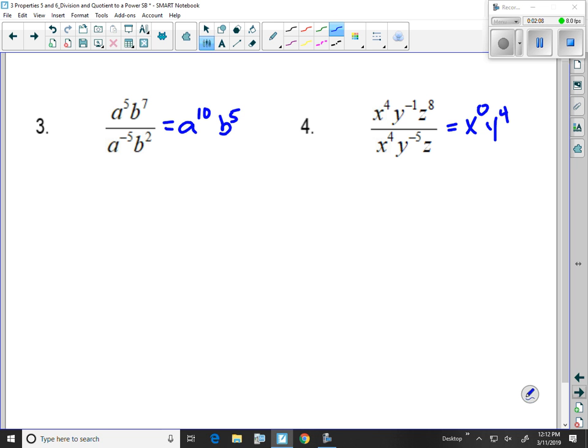Okay, and then z to the 7. Now we can simplify x to the 0 to be what? 1. So we'd end up with y to the 4th, z to the 7. Pretty easy? No?